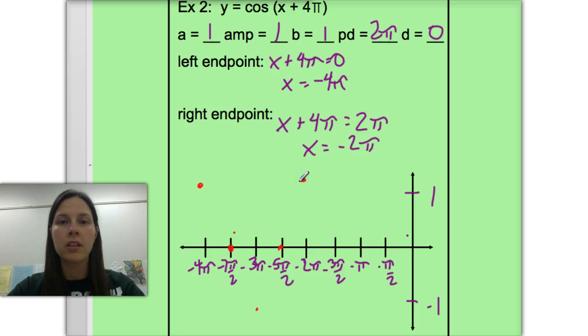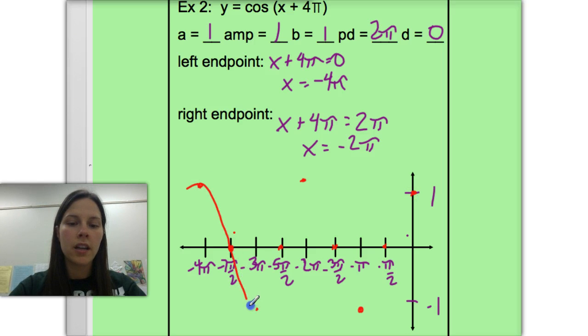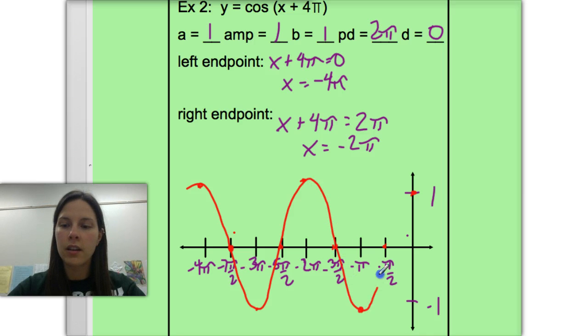So that was 1 full period, so I'm just going to start the next one off to the right again. So back down to an intercept, minimum, intercept, maximum. So we'll still see the 2 full periods. It's just that we're looking at the phase shift. Instead of being in the center, we put it on the end.